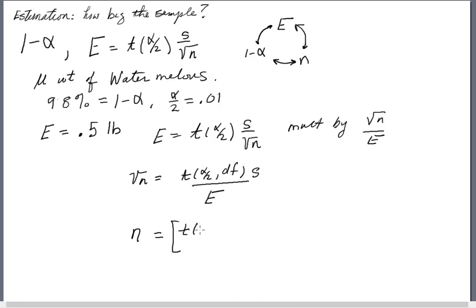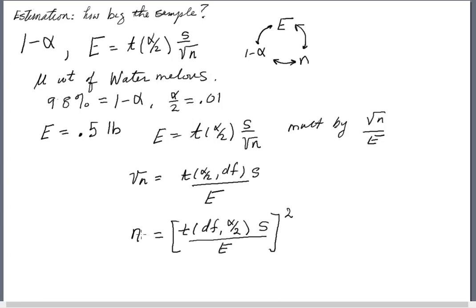And now if we square both sides, we'd have n is equal to t, usually we write degrees of freedom first. As long as you understand, I don't think it matters. And an S and an E down here, and we would have to square that. Now the other thing we would have to do when we calculate all of this, it may have a decimal part to it.